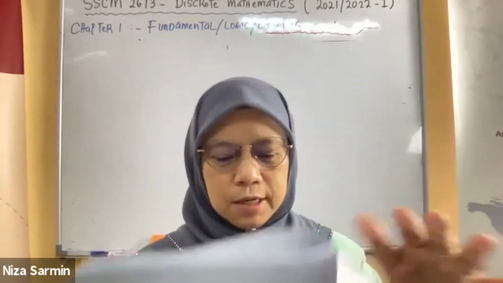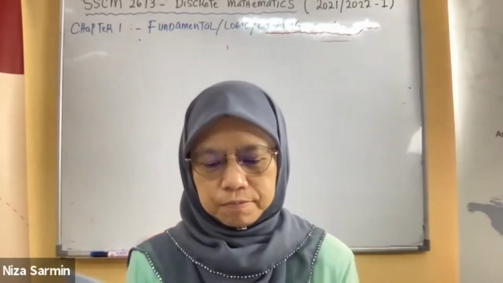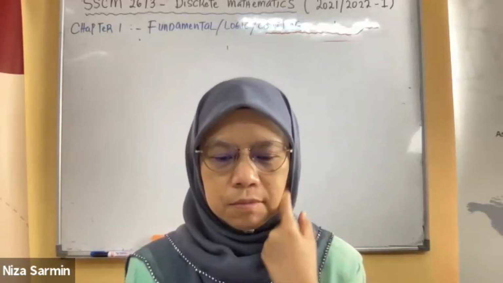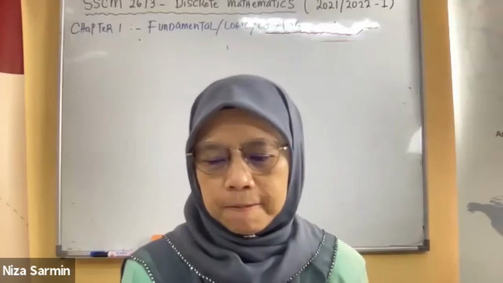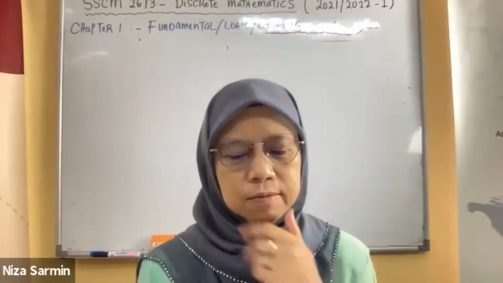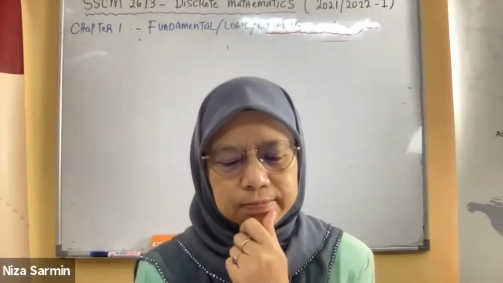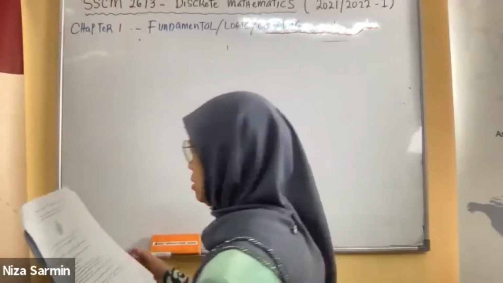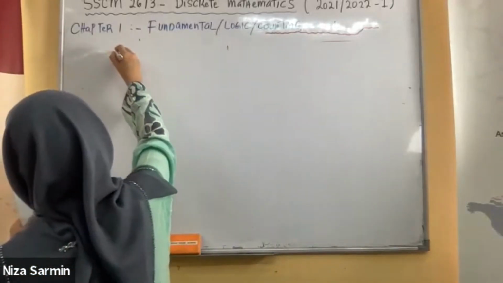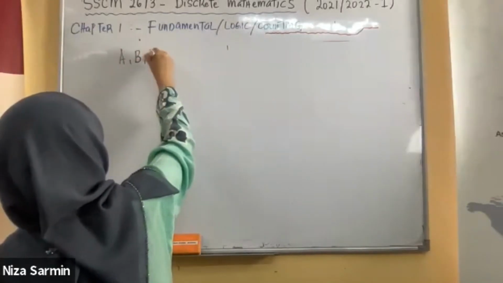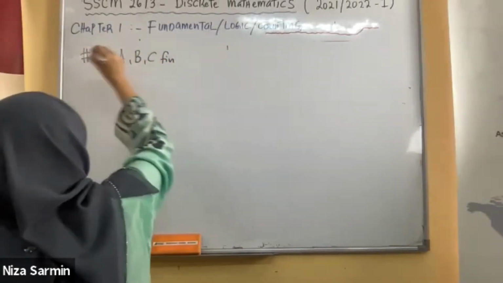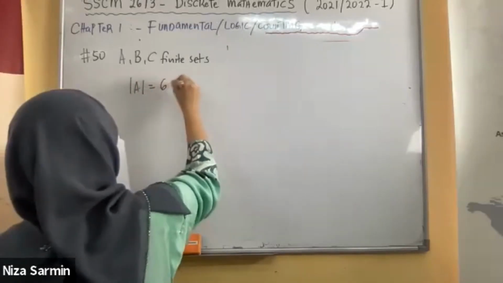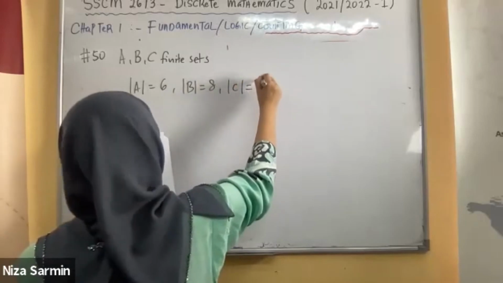Okay, let's try number 50. You have ABC finite sets.